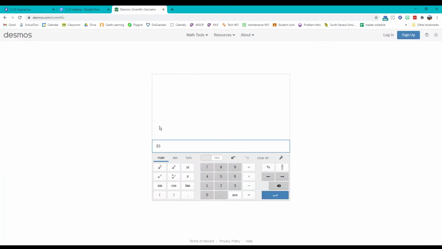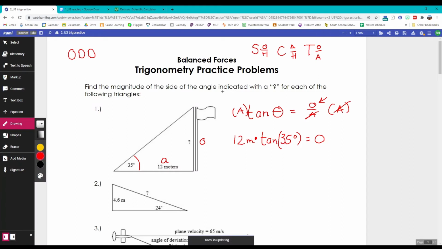I'll put 12 in, and then times the tangent of 35, and I get 8.4. Let's look and make sure that makes sense. Okay, it's not the hypotenuse, so it doesn't need to be longer. So the opposite being 8.4 makes sense. And it should be meters. Awesome.